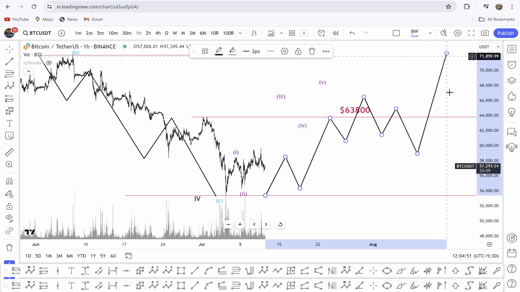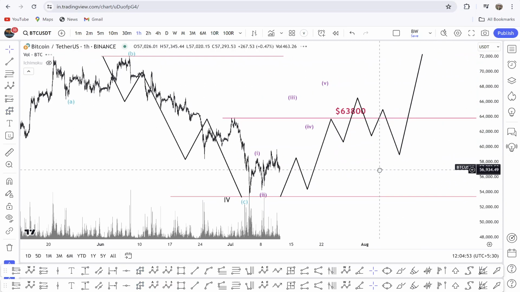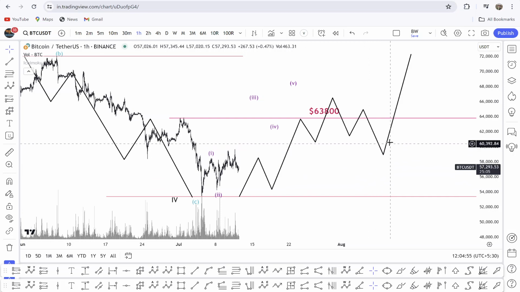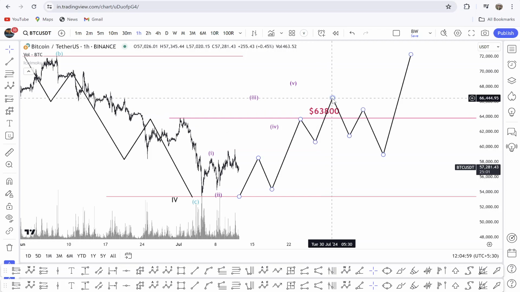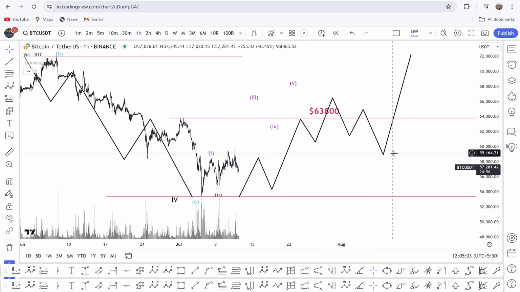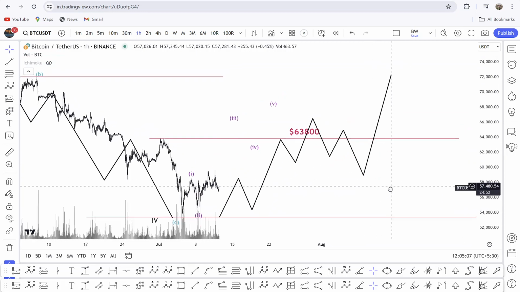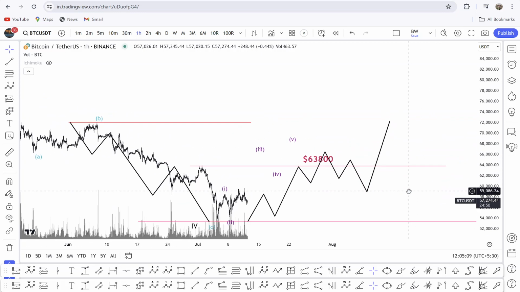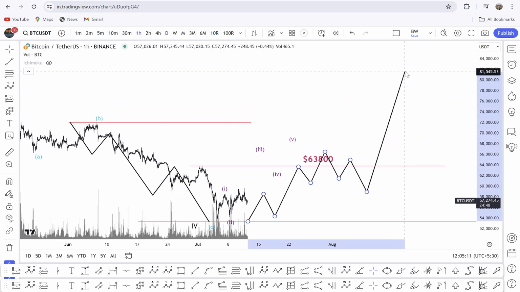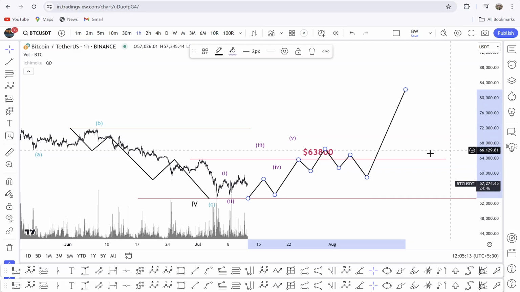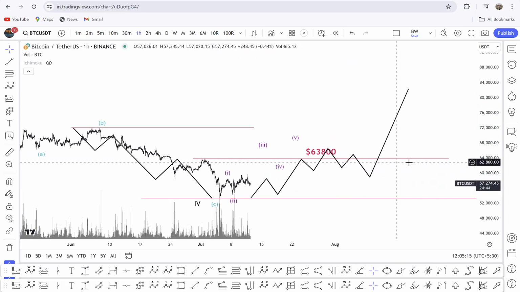And then our potential buy entry will be near this area. If this is 5 impulse, then correction, the cycle should be complete. Then we should enter in this pair, Bitcoin. And this rally towards the 80K, 90K, or 100K.